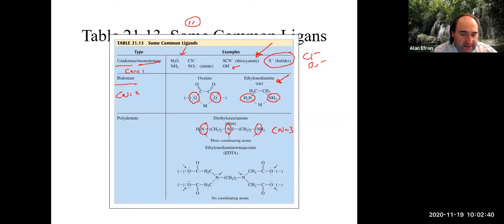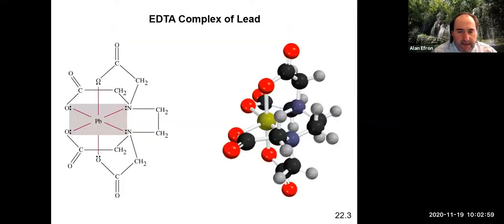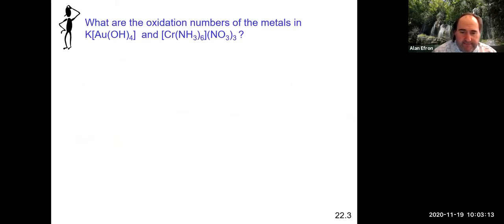Those are the 6 different locations where all those arrows are pointing. That is where it can bind, so a coordination number of 6 in this particular case. Any questions on that? And here, just another picture of EDTA, and you can see it really does grab it up pretty tightly, as you get 6 binding per molecule in this case.